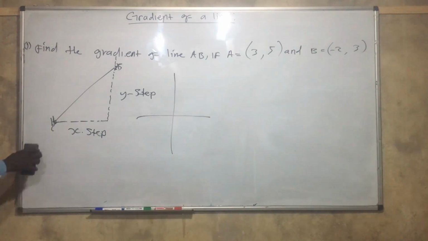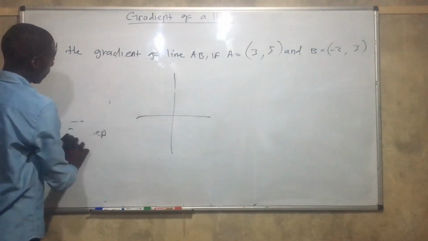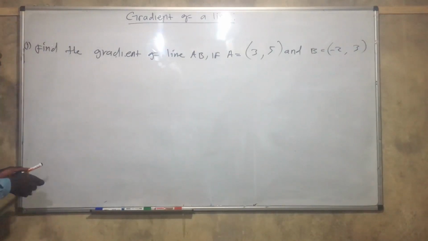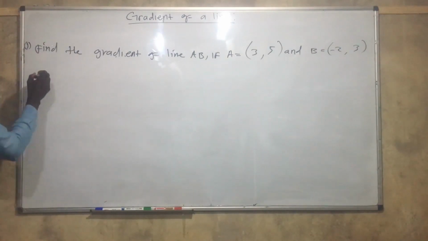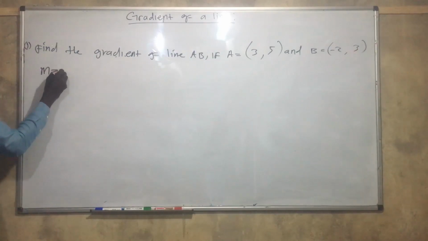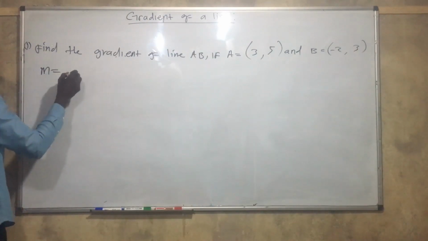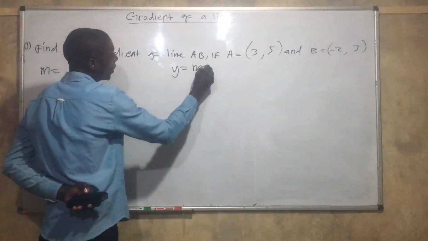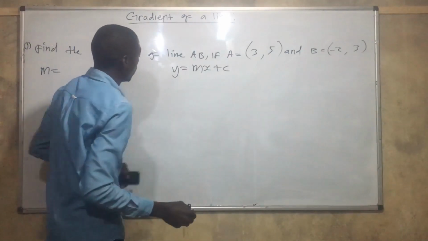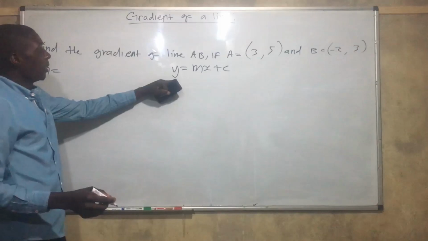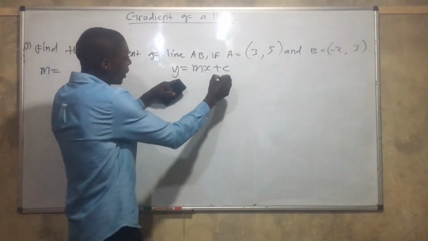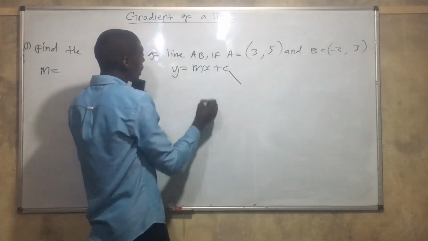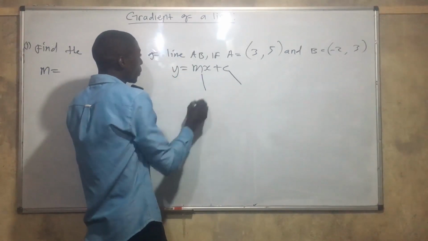So the formula that we use to find the gradient of a line is, we can say y is equal to mx plus c. This formula requires you to understand the meaning of c and the meaning of m.